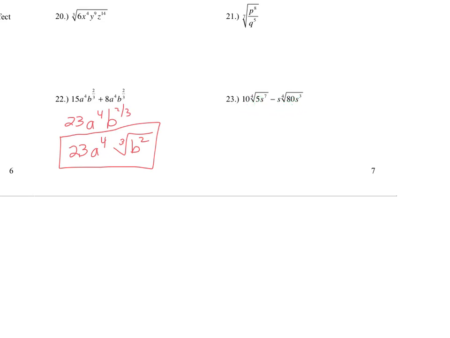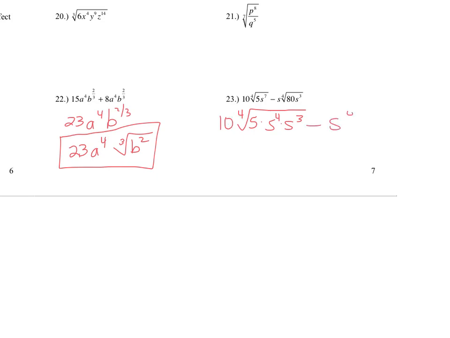So I start to simplify. The issue with the first one is the s to the seventh. I can't have a seventh power under a fourth root, so I'm going to break it down into s to the fourth times s to the third, because 4 plus 3 is 7, so this is the equivalent of s to the seventh power. It's just now I can see I have a fourth power, and I'm trying to take a fourth root.